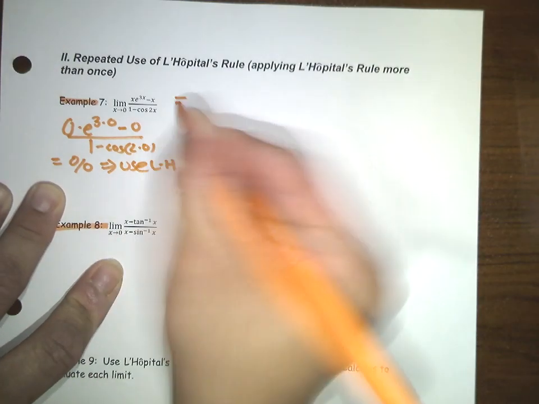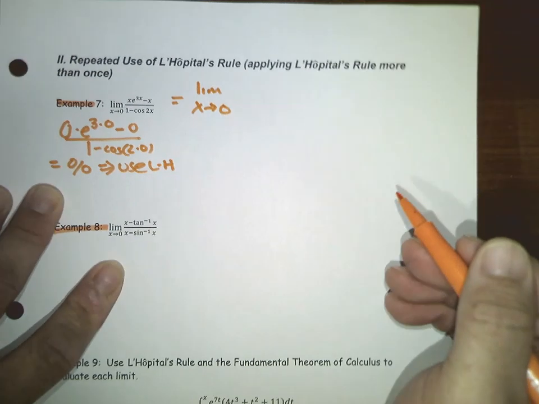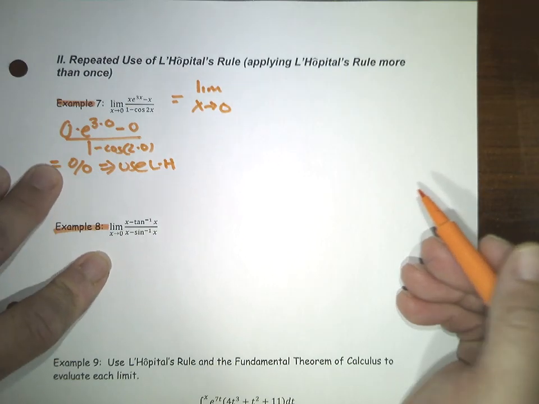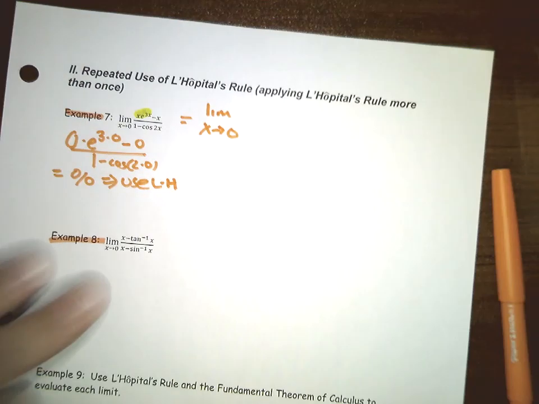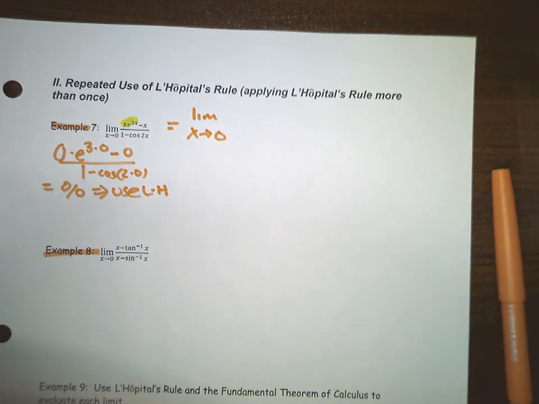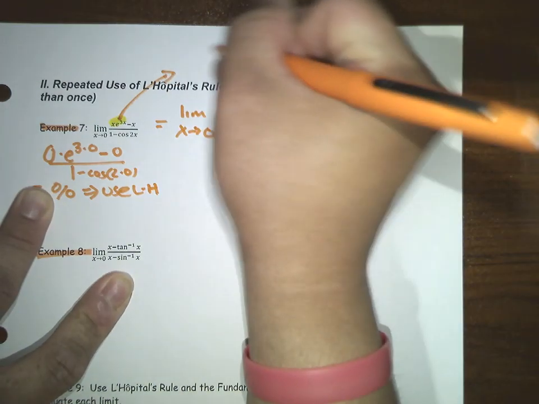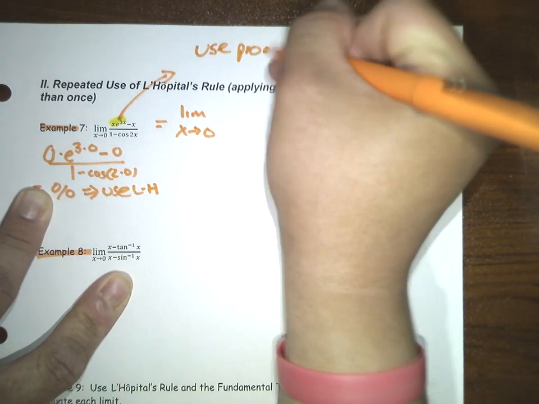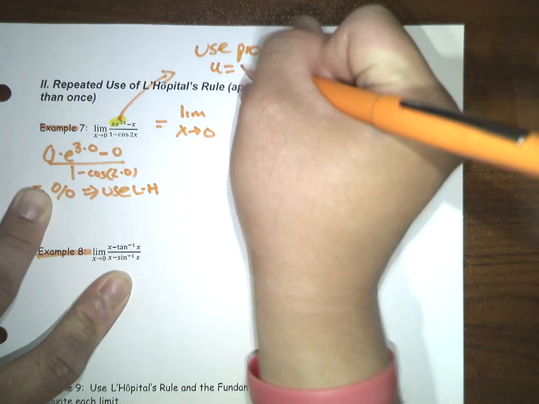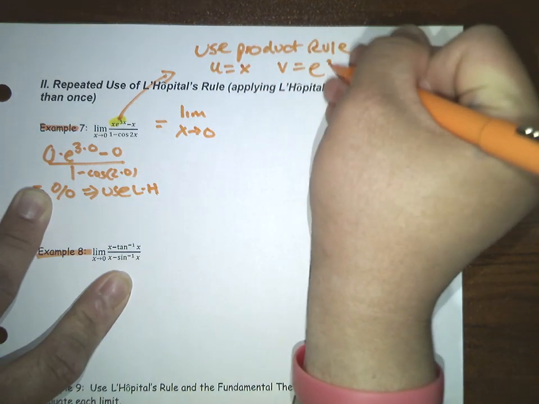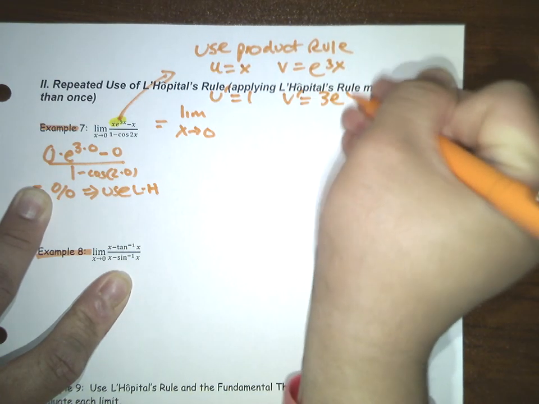So now I need to find the limit as x approaches 0 of the derivative of the numerator over the derivative of the denominator. Here I need to make sure that I use the product rule. So remember to use the product rule here. That means that u is x and v is e to the 3x. So u prime is 1 and v prime is 3e to the 3x.